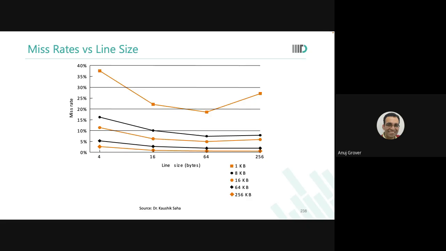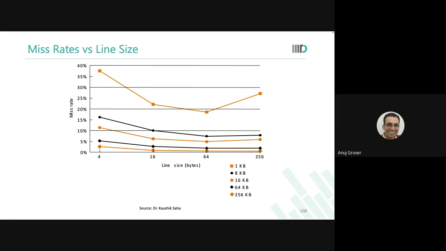Because in a small memory, only one line can fit now. And your next program wanted a different line. So now there is a miss. Third program wanted a different line. Now there is a miss. So if the line length is very, very large, the number of lines you can store in your cache will reduce. That leads to more misses. So there is a sweet spot.